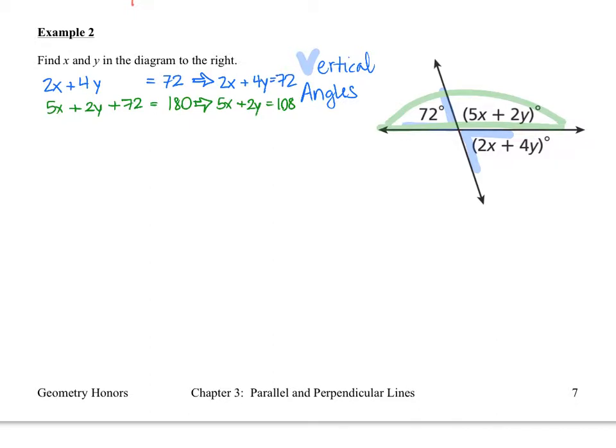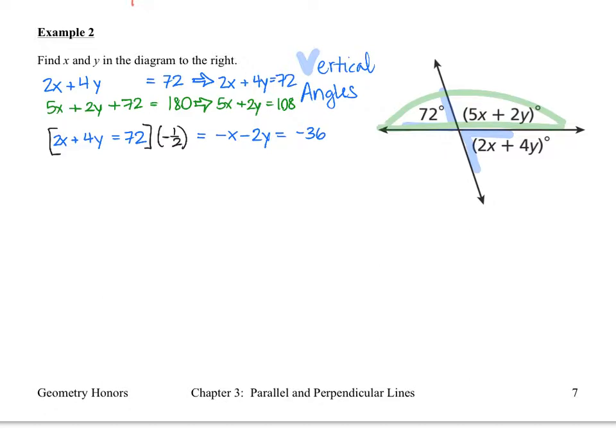Now we're not exactly set up for elimination this way, but we see 2y and 4y. We know that one is a multiple of the other, and so we can multiply the top equation by negative 1/2, or you can think of it as dividing by negative 2.